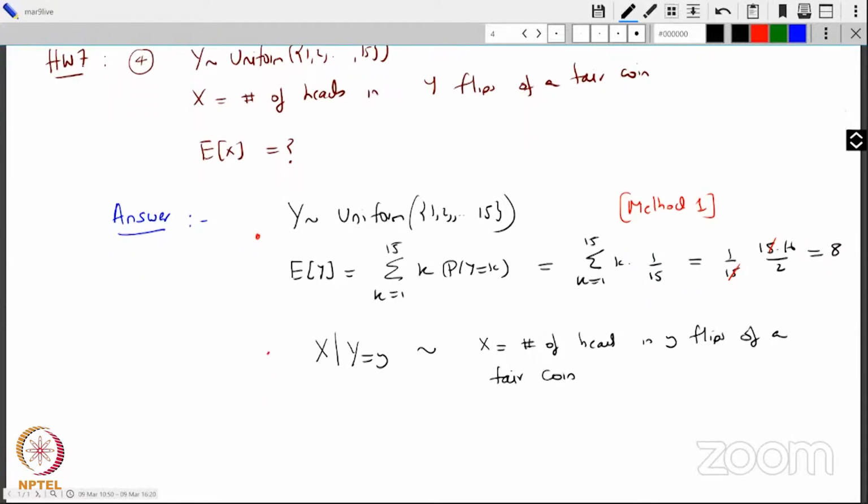That means X given Y equal to y is binomial with total number of tosses y, and parameter p is half.